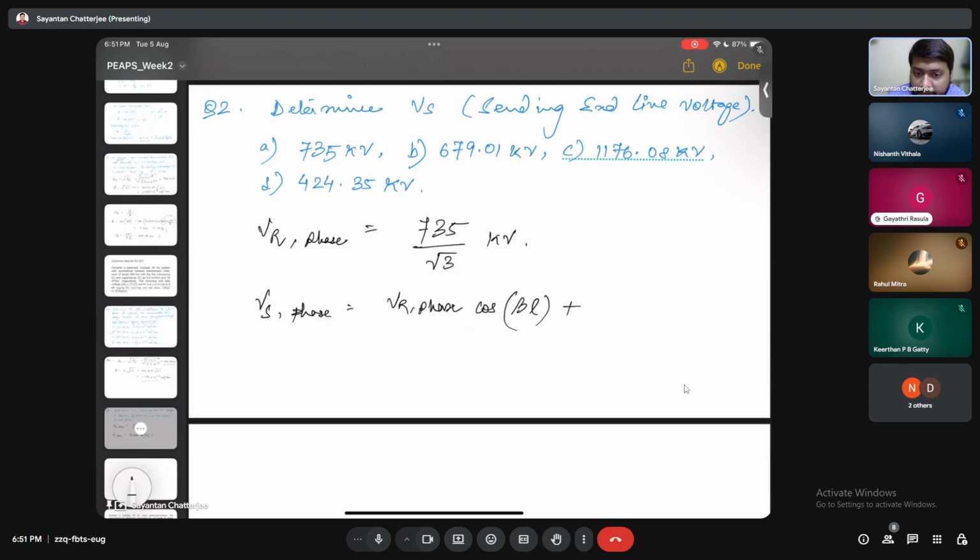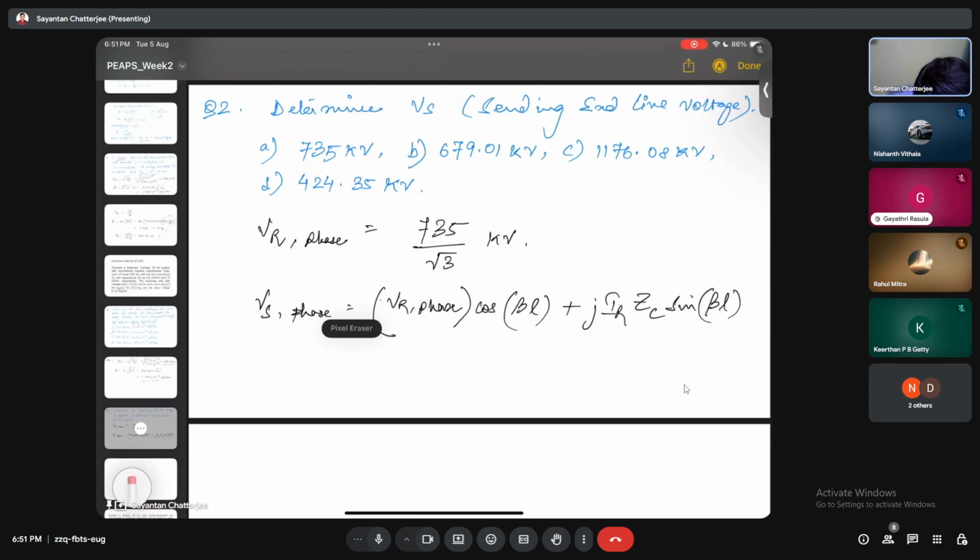I guess you can directly use that equation to find this value: VR phase cos beta L plus j IR ZC sin beta L. This is the VS phase value.